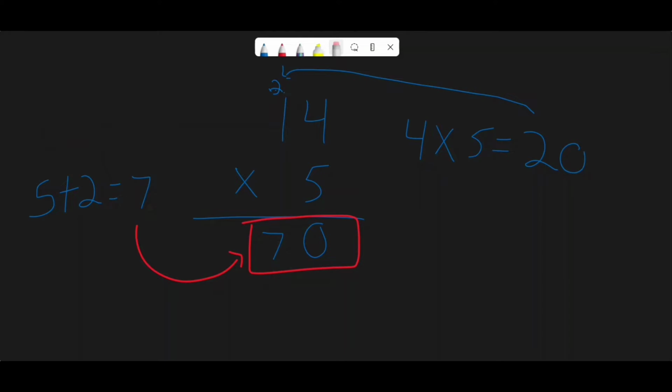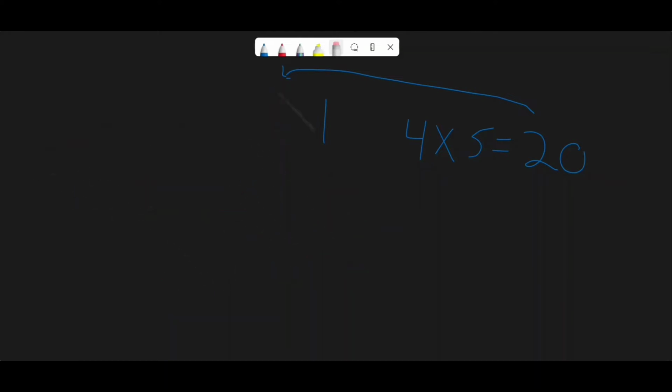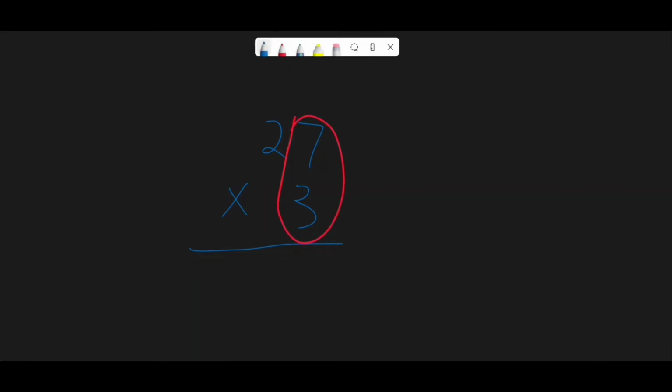Let's run through another problem. So, we're going to go with 27 times 3. Again, first column, we do 7 times 3, which equals 21. So we take the 1, and we place it there. Then we take the 2, and we place it right there to use later.